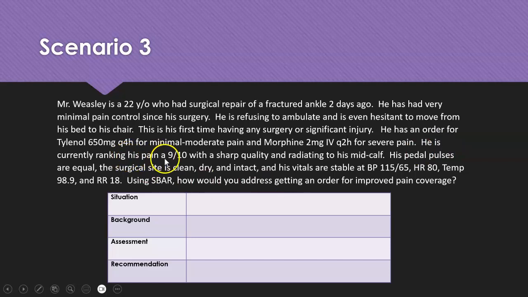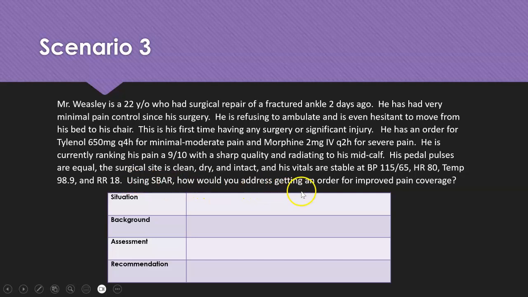He is currently ranking his pain 9 out of 10 with a shooting quality radiating to his mid calf. His pedal pulses, which are the pulses in the dorsal area of that particular foot, are equal. The surgical site is clean, dry, and intact, and his vitals are stable. Temperature 98, respiratory rate, blood pressure 115.